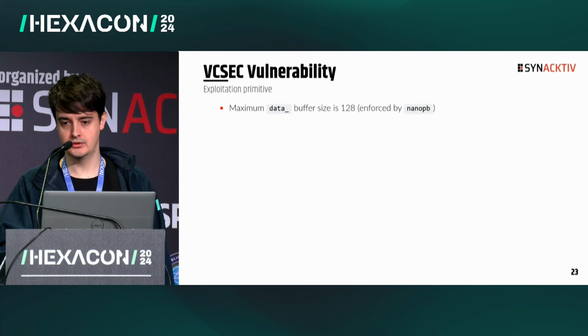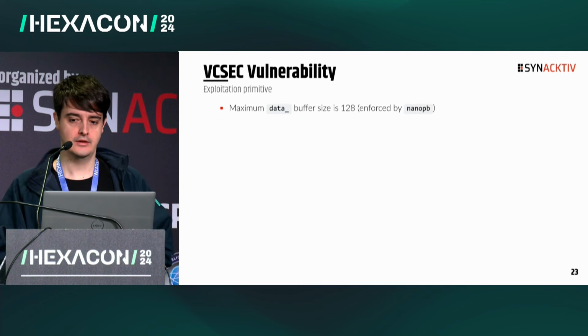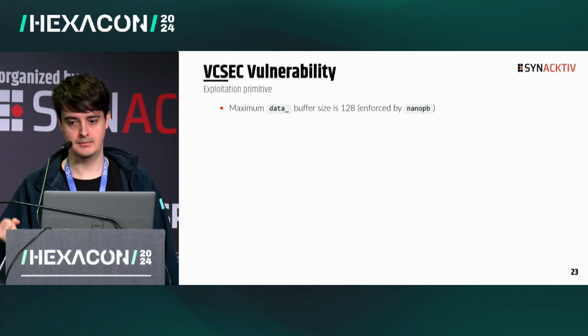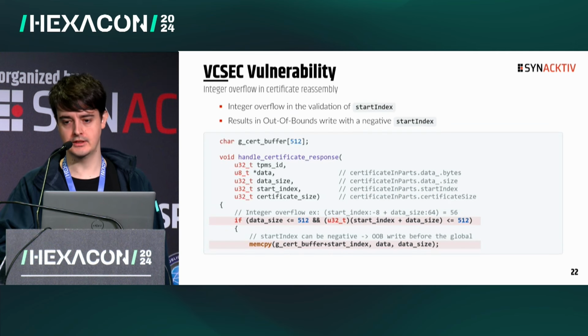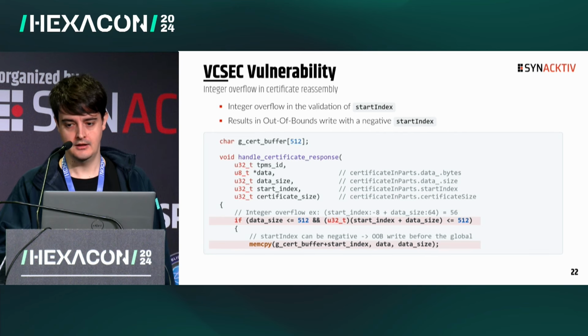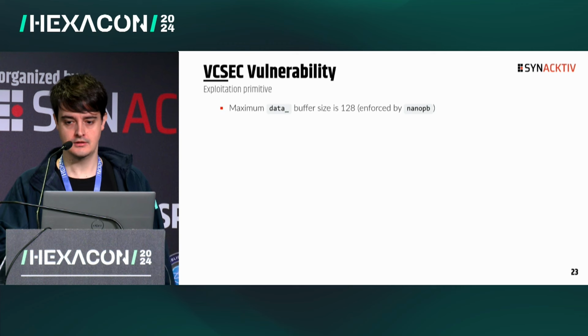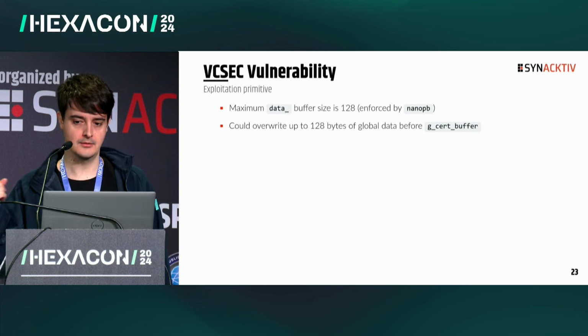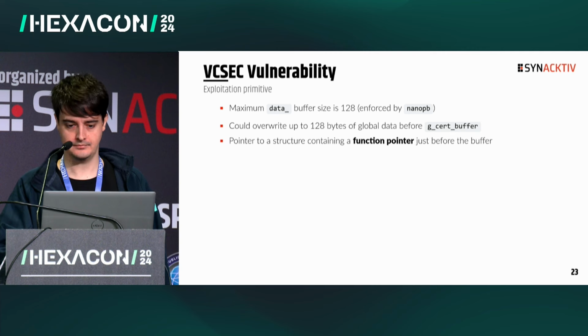So what can we do with that? We have a maximum data of 128 bytes, because this is enforced by NanoPB. If we look at the integer overflow, the start index must be large, but added with the size, it should be greater than 0. So that means we can overwrite up to 128 bytes before the certificate buffer.